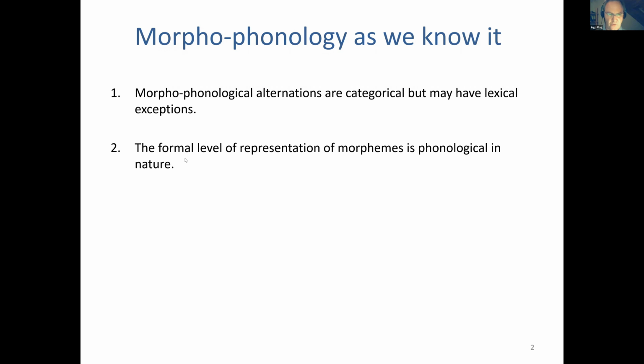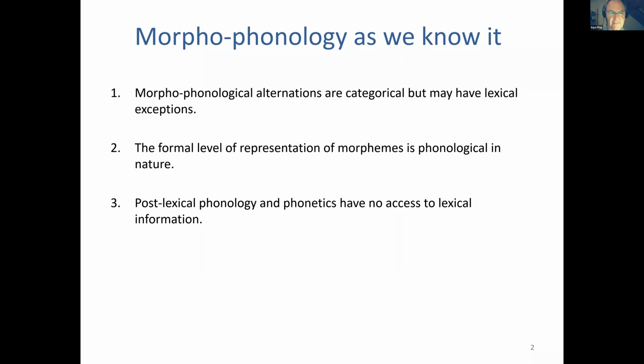And the second one is that the formal level of representation of morphemes is phonological in nature. And post-lexical phonology and phonetics have no access to lexical information. These are three basic assumptions that I was brought up with. So everything has to play in this domain.